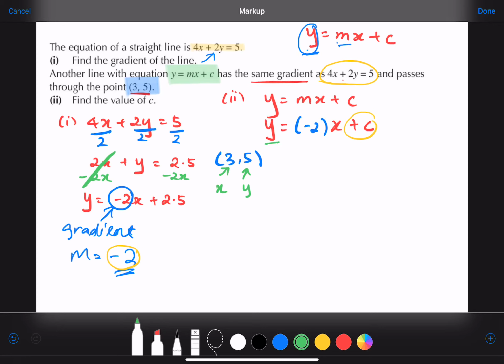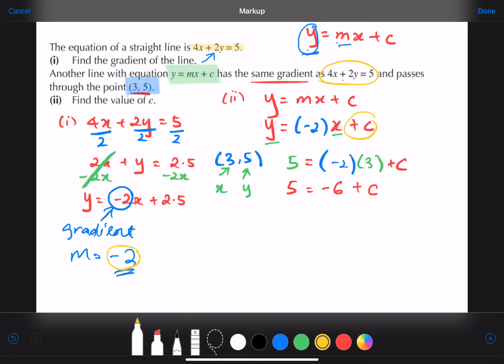We're going to replace it here and here. So instead of writing y, I have 5. And instead of x, I have 3. So 5 equals negative 2 times 3, which is negative 6.